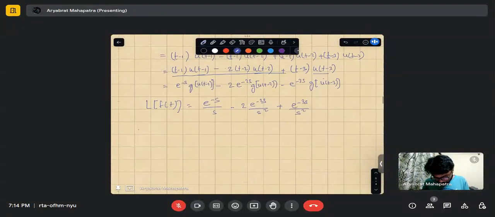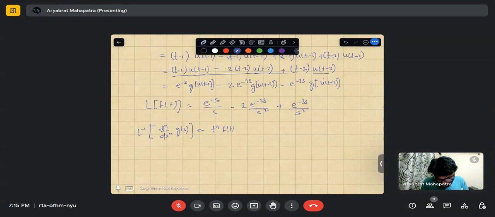So using that property, when I do L inverse of d^n/ds^n of g of s, I would get t to the power n times f of t. So something of this kind of structure.